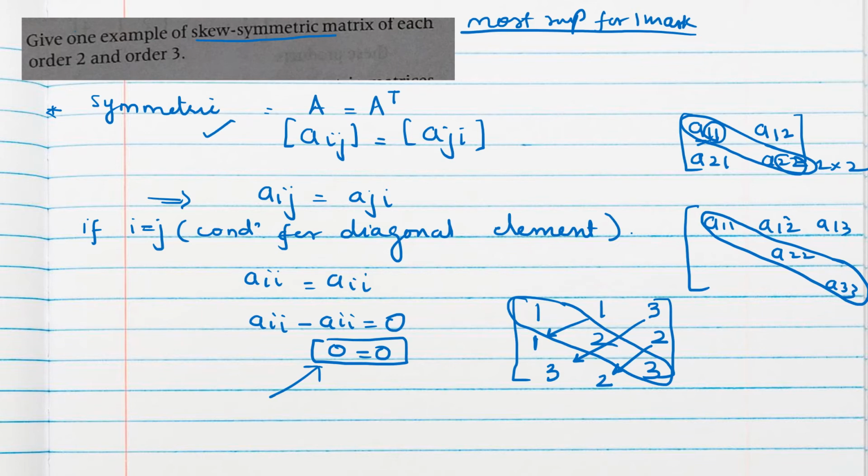So same question if they ask, give one example of symmetric matrix of order 2 and 3. Symmetric matrix first. Symmetric matrix means 2 by 2 order, you can write any number, diagonal element 2, 1. Okay, there won't be any effect of diagonal elements in a symmetric matrix.